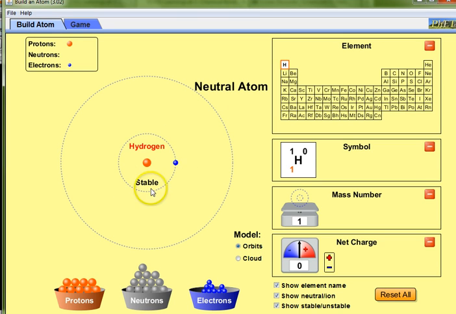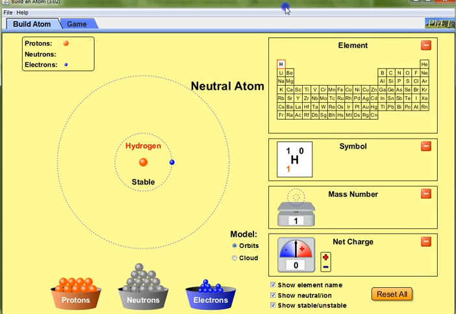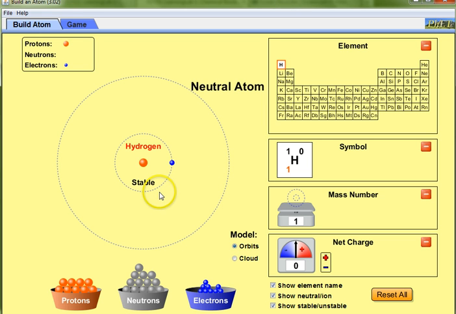Now, what do we call this orbit? This is the K orbit, correct? The first orbit is also called the K orbit. How many electrons can it occupy? It can occupy 2 electrons, correct? Very good. And it only has 1 electron in it. Is it going to be a stable atom?